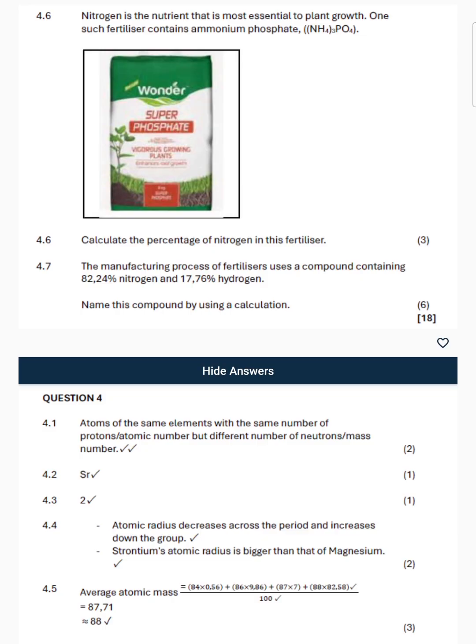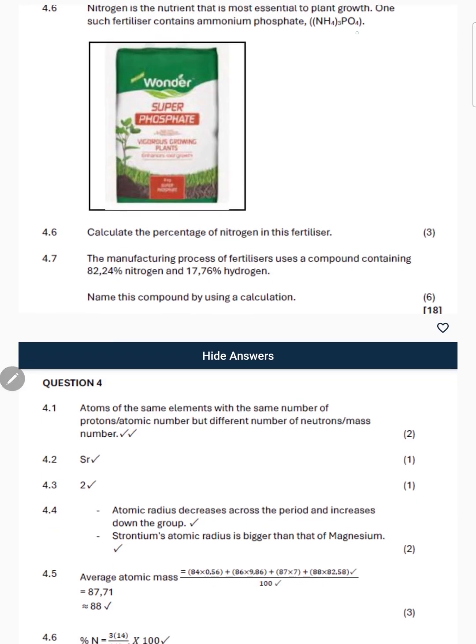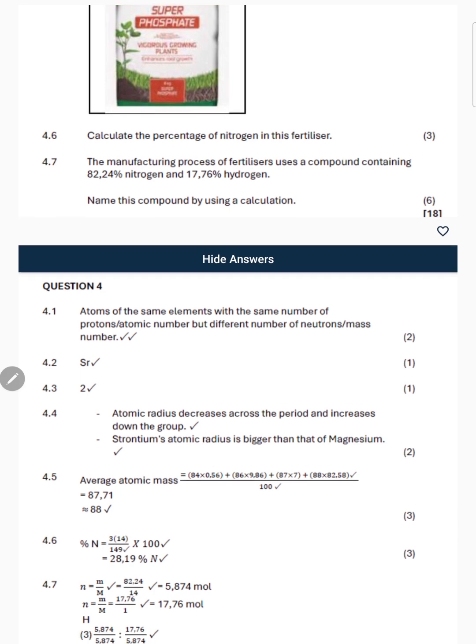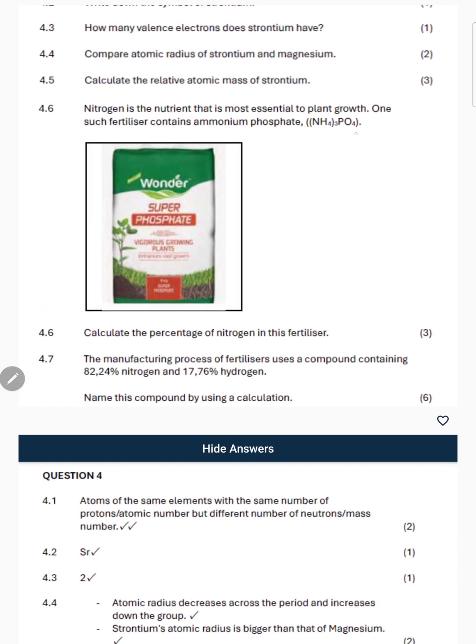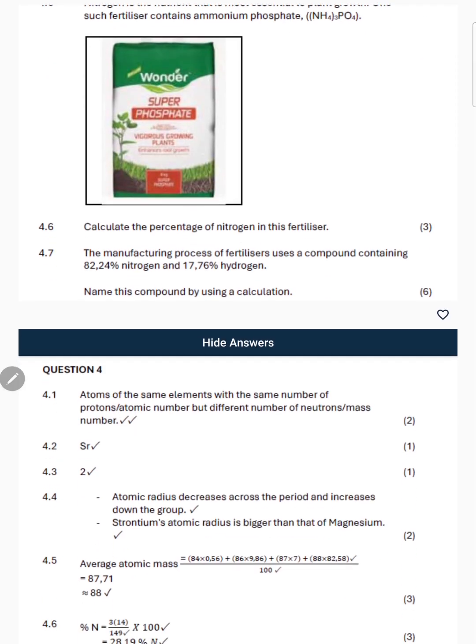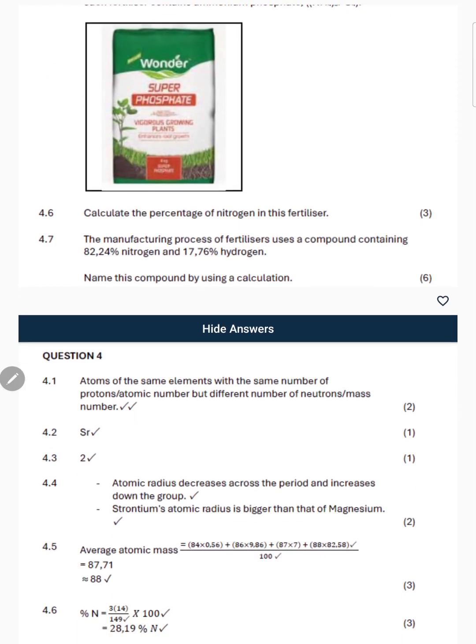Firstly, we calculate the total. The total relative mass for the whole compound is 149, which is the whole, so you multiply by 100.